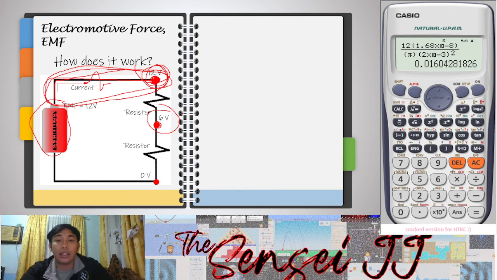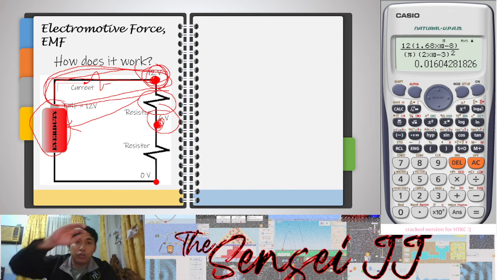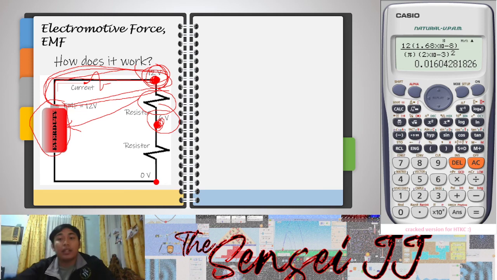For the reason that this resistor has already taken part of the voltage of the dry cell that is giving 12 volts, and when it passes through this resistor it will receive some of its voltage. That's why the voltage here will be reduced from 12 volts to 6 volts. I hope you are getting the gist of it.